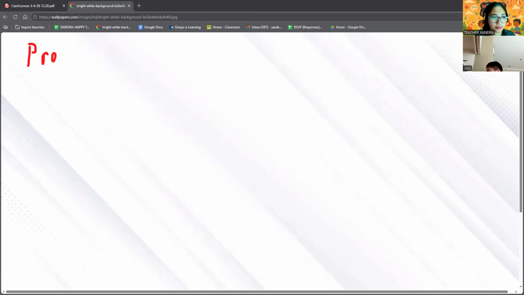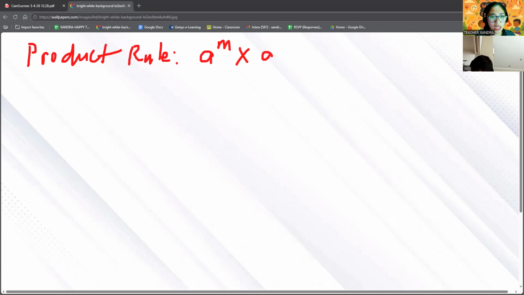I'm going to use variables. So for example, A to the M times A to the N, what are you going to do? You combine the two exponents. Okay, so A to the M plus N.